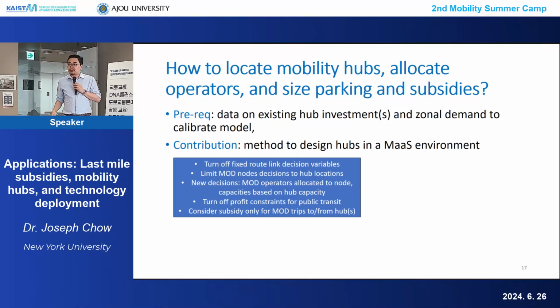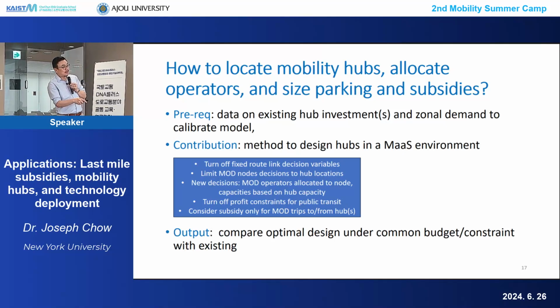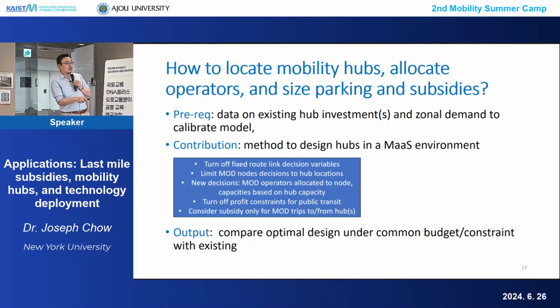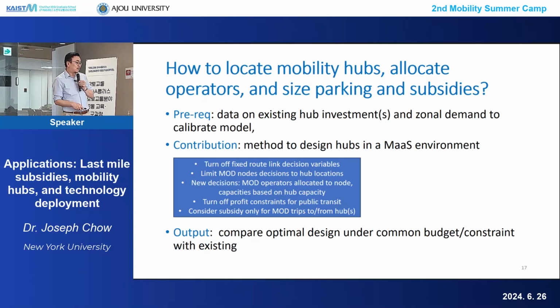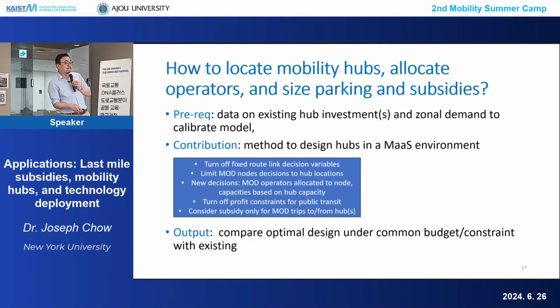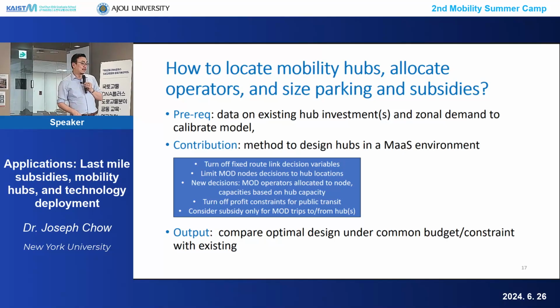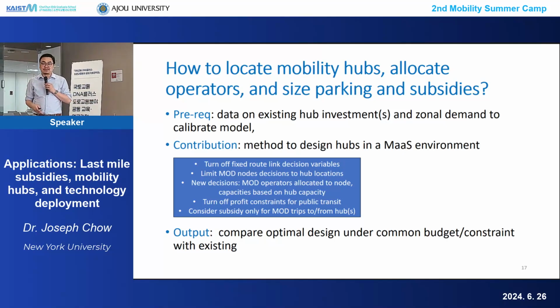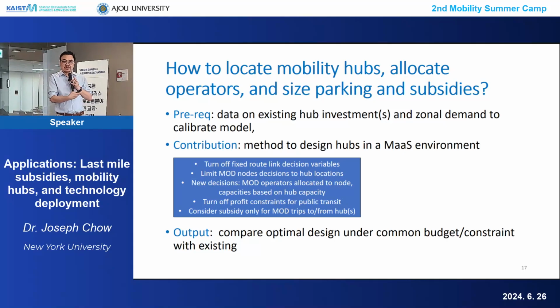Which is what our model can do. And the output of this, so if we have this data on some hub investments somewhere, and you have demand data calibrated, we can then look at comparing against the existing condition and looking at the optimal design. We can output some metrics and draw some comparisons. Right? So very applied, I think.